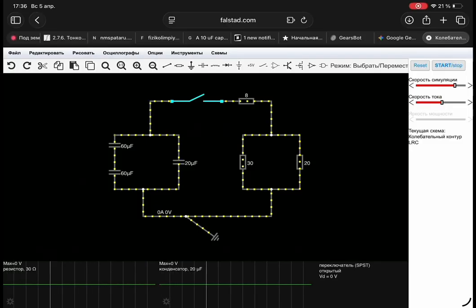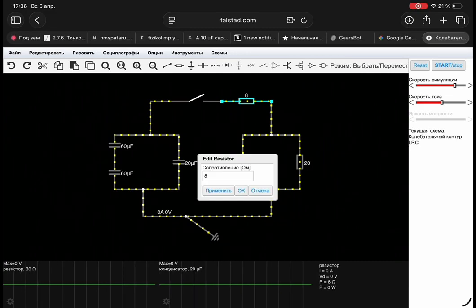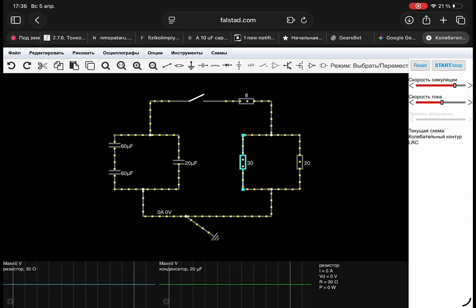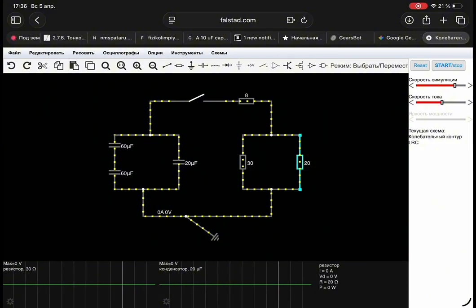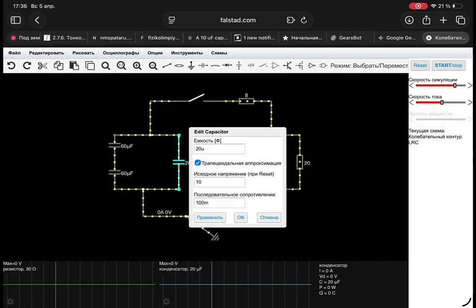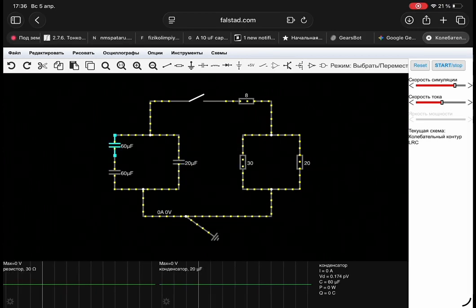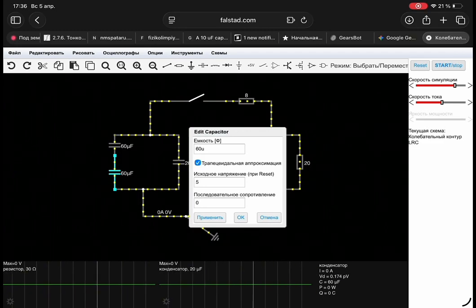Firstly, I simplified the circuit to find the total values. Exactly, the total capacitance, as I mentioned before in the equations, is 50 microfarads. What about resistance? Resistance is 20 ohms. Next I calculated the time constant, tau, by multiplying R and C, resistance and capacitance, which gives 1 millisecond.